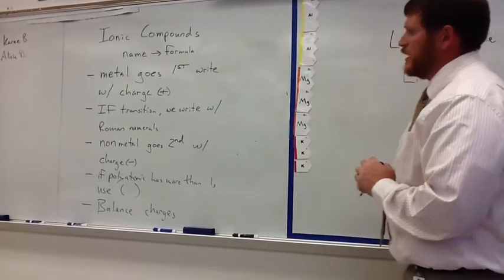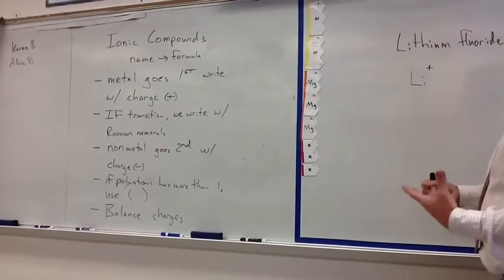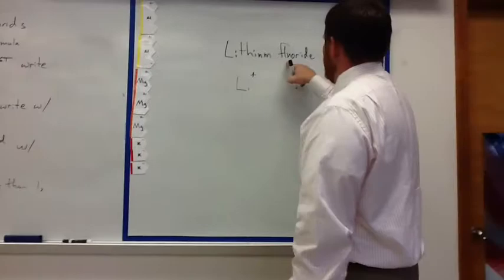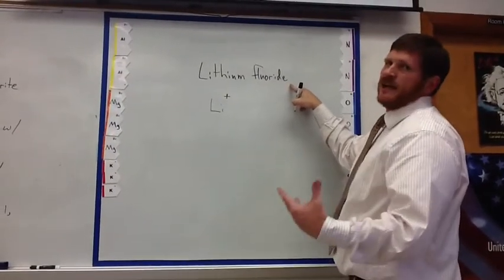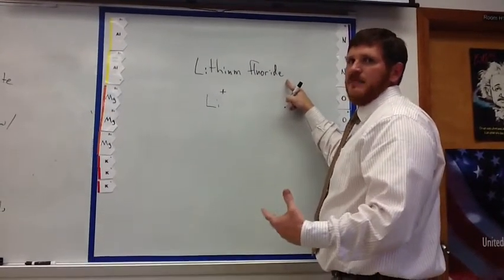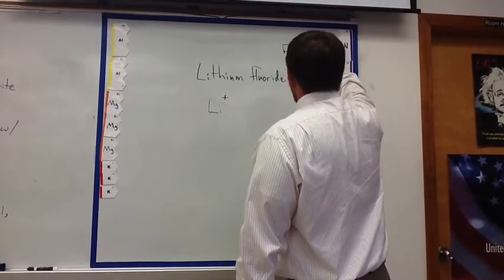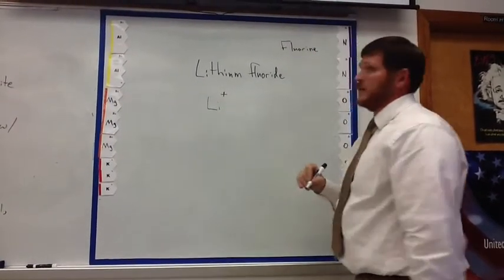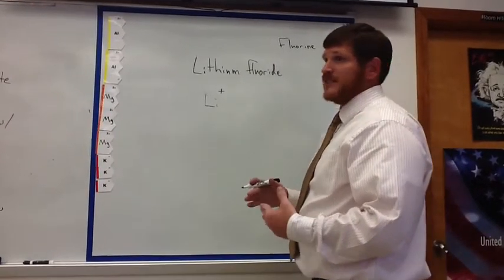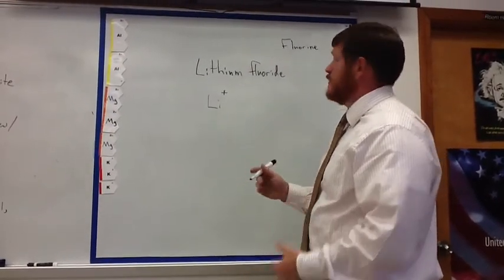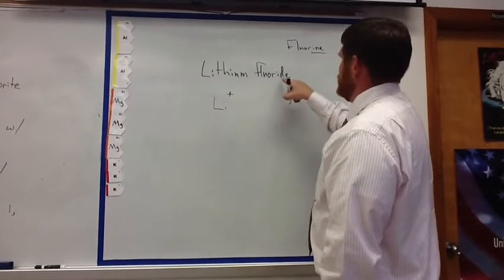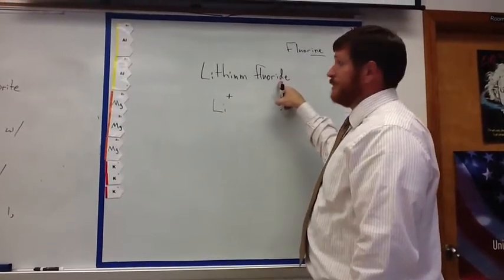My next rule, non-metal goes second with the charge. So my next thing is fluoride. Now wait a second, fluoride is not on the periodic table. What is on the periodic table is fluorine. What happens when we're naming things, and we'll see that on the other video when we name, is we drop the ending and change it to IDE.